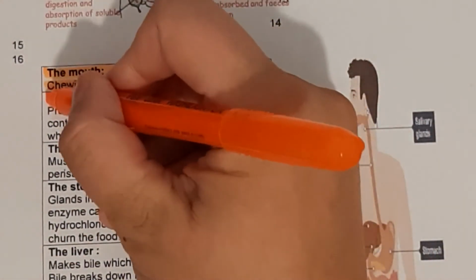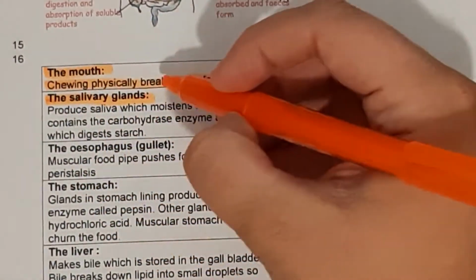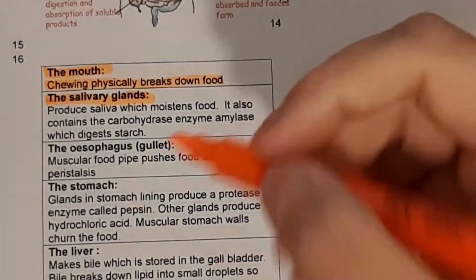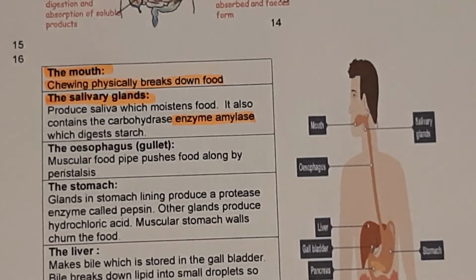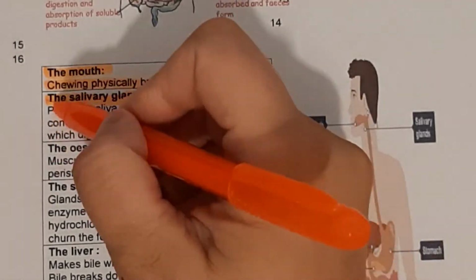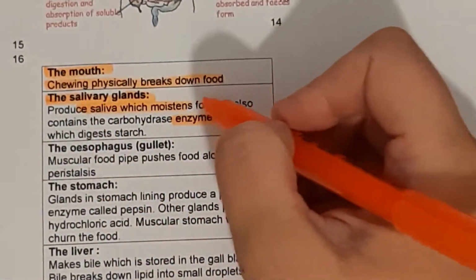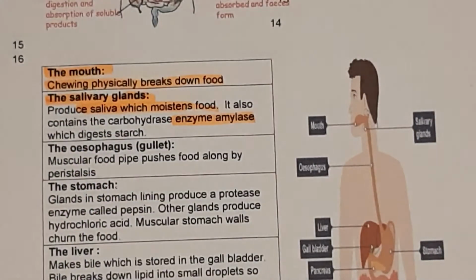And then we have the salivary glands. Now, salivary glands are the first place where the enzyme amylase is released, and that starts the process of digestion, separating the sugars out of the starch molecules. Okay, so it starts to break it down. Also, saliva moistens the food. I know it sounds disgusting, but it adds water to it.